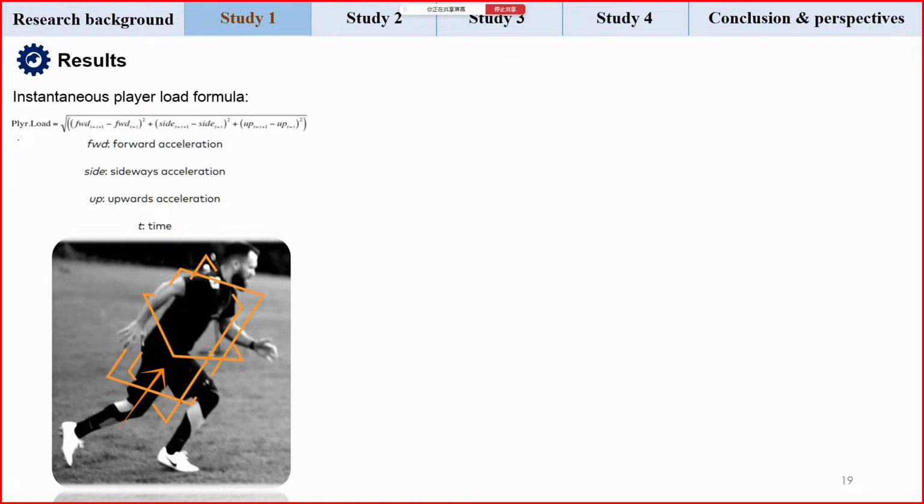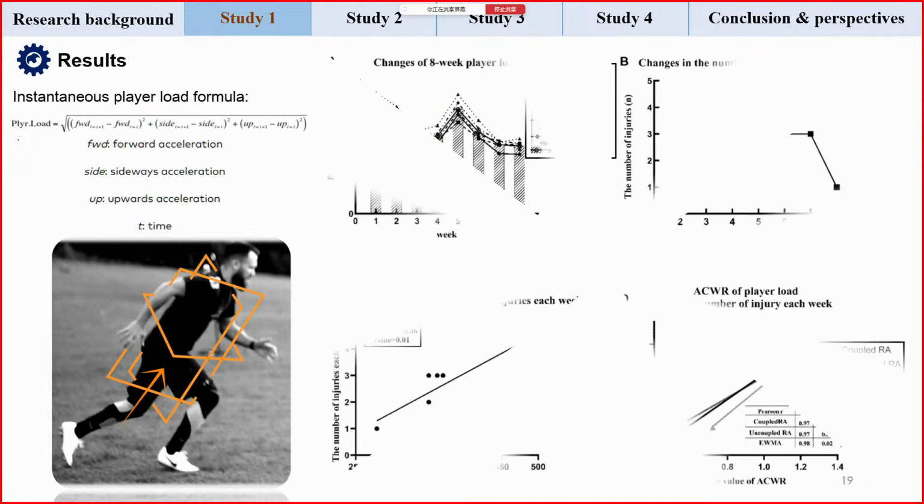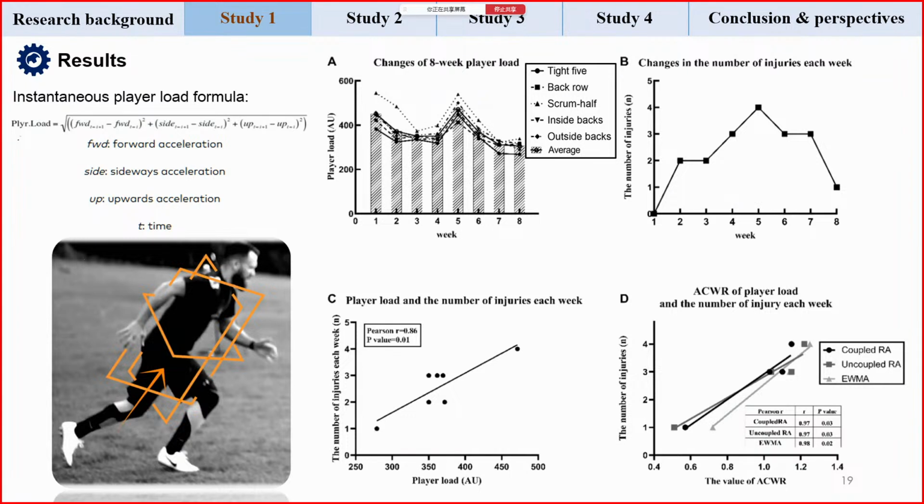In the initial research, we selected a comprehensive metric, player load, for analysis. We first observed player load was highest in week 5, which corresponded to the highest number of injuries in the 5th week.